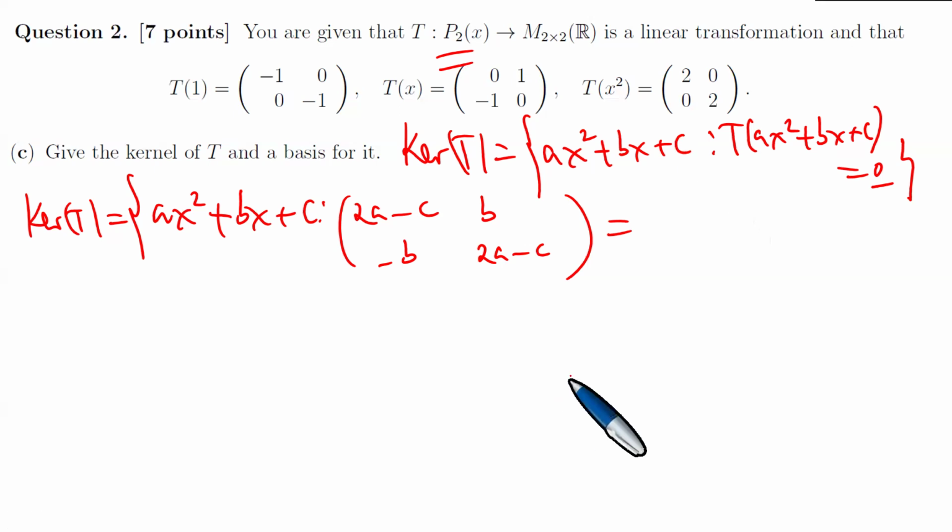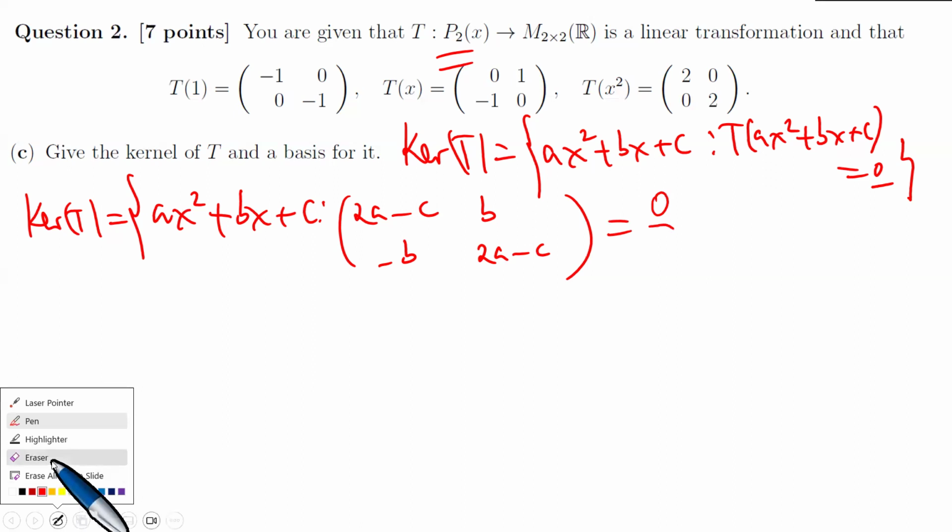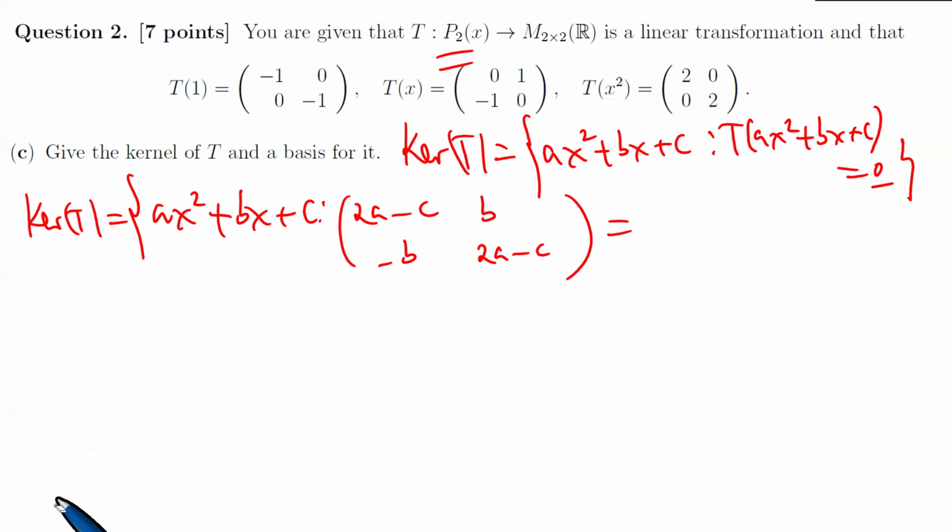So now you have that the kernel of T contains all the things in the P2 of X, which is x squared plus bx plus c, such that the image is 0. Then you have the 0 vector here, but this 0 vector is the same as what? The 0 vector is 0, 0, 0, 0.